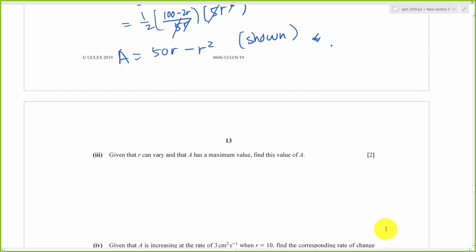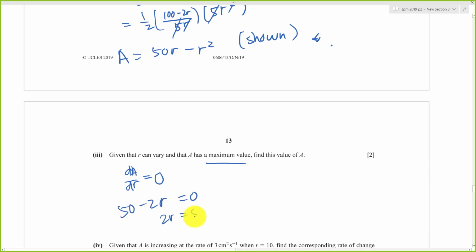Given that R can vary and that A has the maximum value, find the value of A. So obviously dA/dR equals 0. Why do I know it equals 0? Because maximum or minimum is the stationary value. That means we need to differentiate it and make it 0. So I differentiate this one, I get 50 minus 2R equals 0.